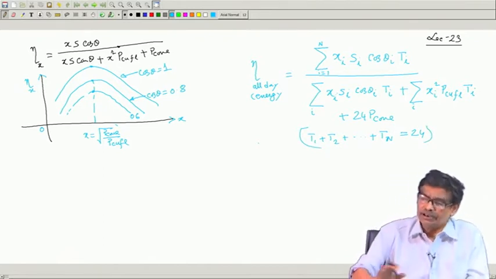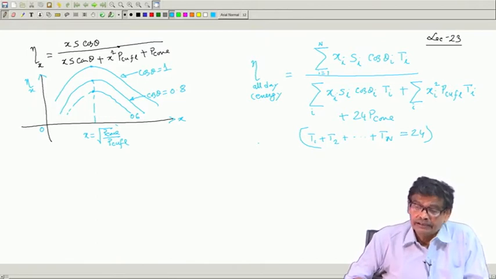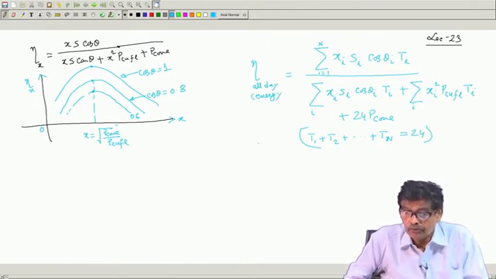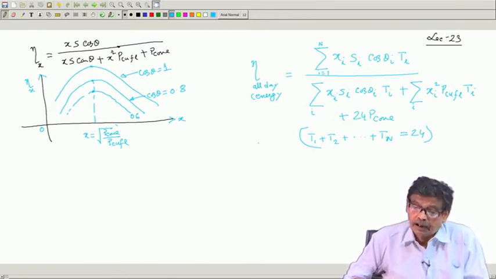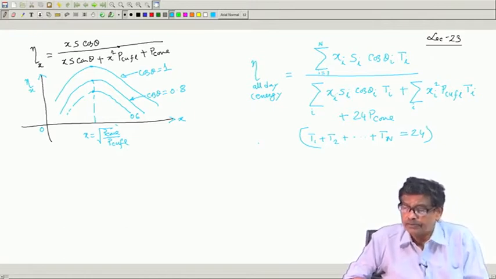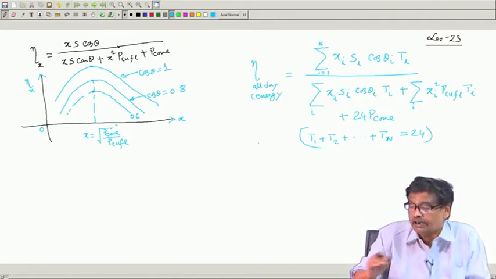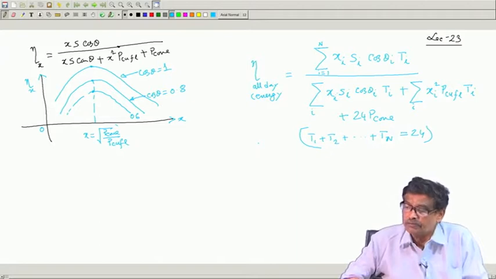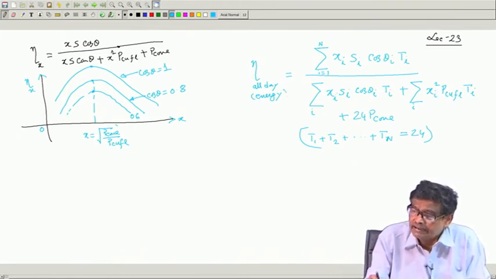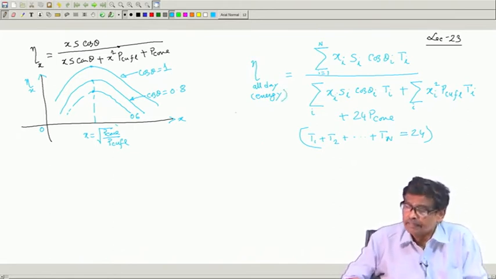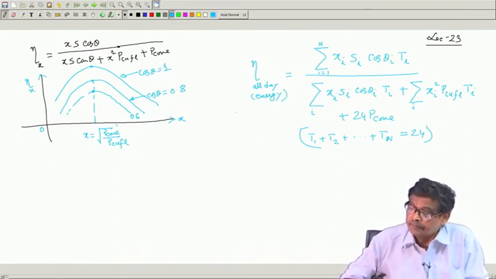We have discussed all these things. Therefore, to judge whether a transformer is good or not, particularly a distribution transformer, it is better you calculate the all day or energy efficiency and see that it is quite high. That is how it is decided.